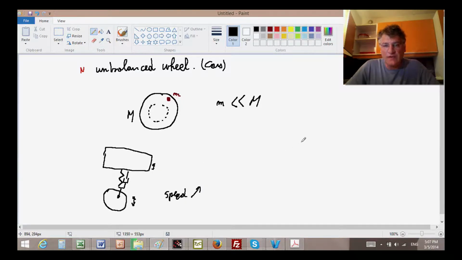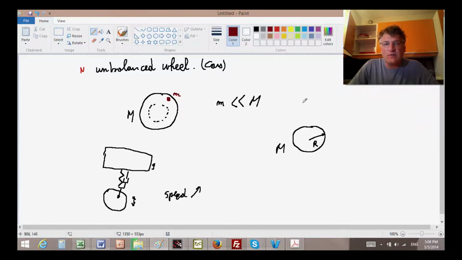Now, we can start with a simple example. The simple example would be that the car is mounted upside down, lying on the ground, in such a way that the mass of the wheel is M, its radius is r.